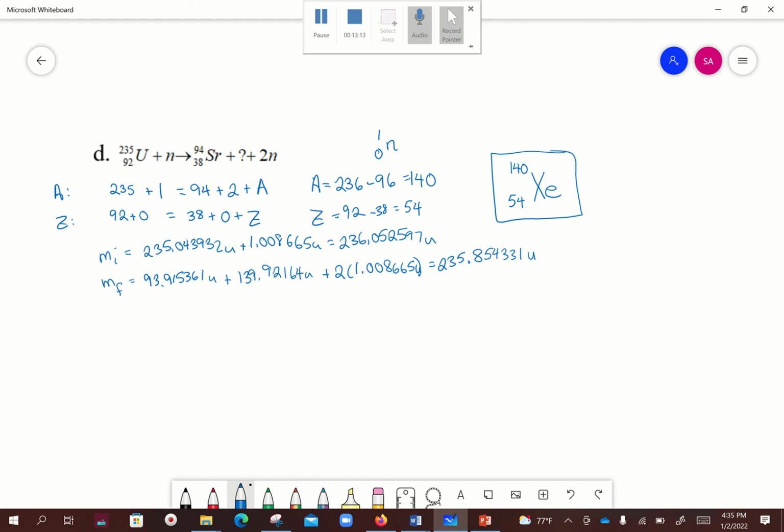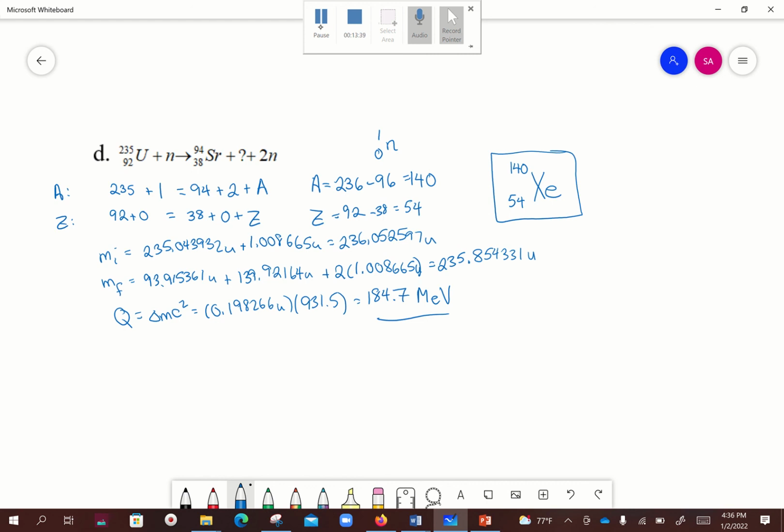So I'm going to get a lot more energy either absorbed or released. Okay, so what's my Q value? Delta m c squared. My delta m is 0.198266 U times 931.5. And I get 184.7 MeV, and it's positive.